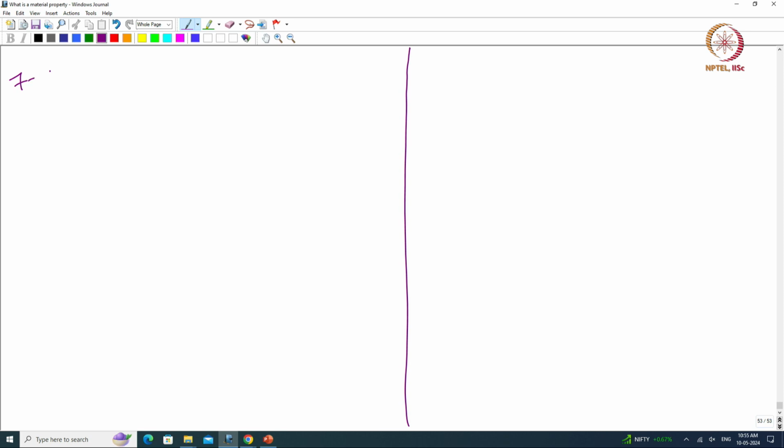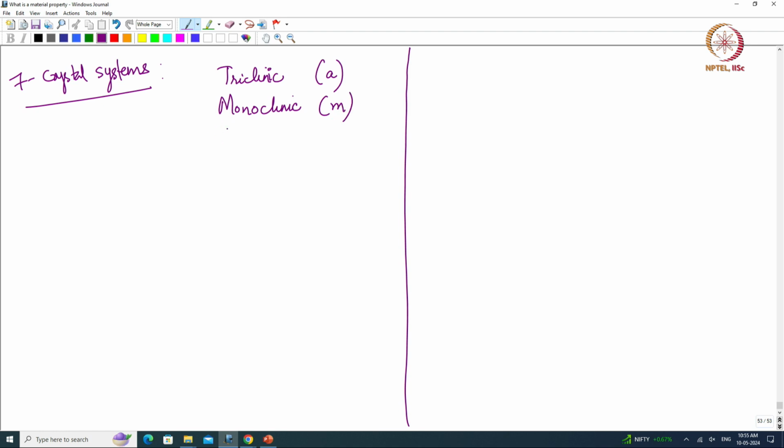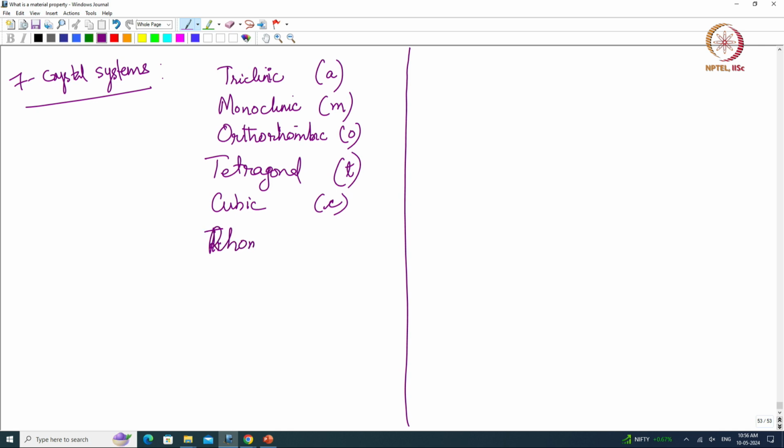So we looked at 7 crystal systems, from triclinic, which from now on I am going to call A, monoclinic, which will be represented as M, then I have orthorhombic, which is O, then tetragonal system, which is T, then cubic, which is C, then I have trigonal or rhombohedral, I am just going to write it as rhombohedral, which is R, and hexagonal, which is H. I am going to call these systems the trigonal systems.